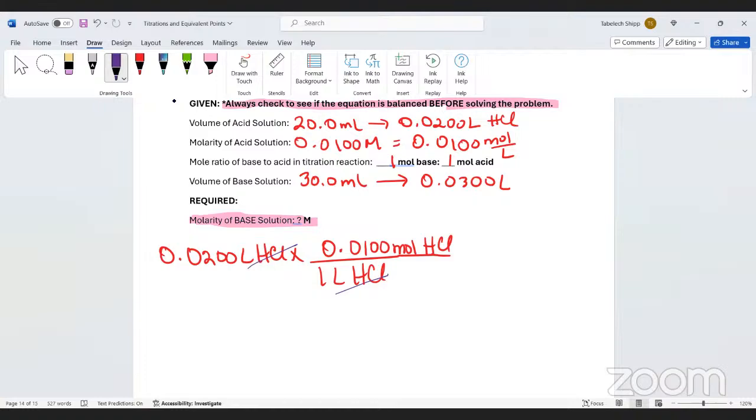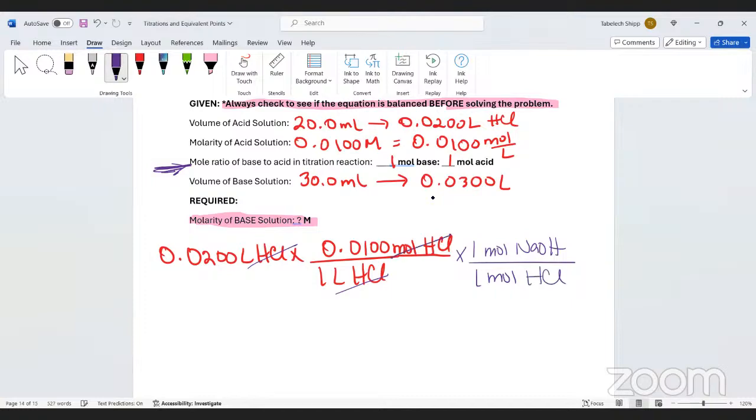And then right here in this step, we're going to go to our mole-to-mole ratio of the acids and bases. So we're going to put 1 mole of sodium hydroxide on the top and cancel that with the 1 mole of HCl. I've been trying to write faster than I can get it out.